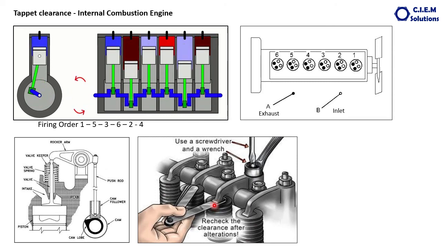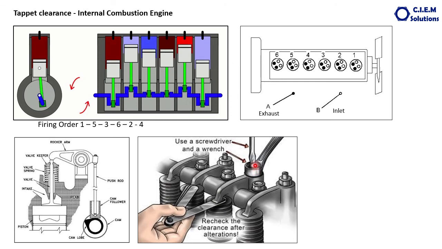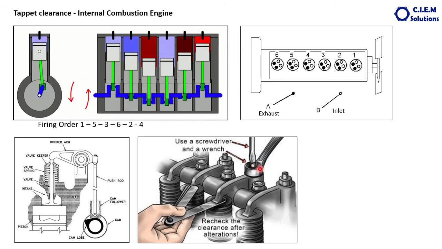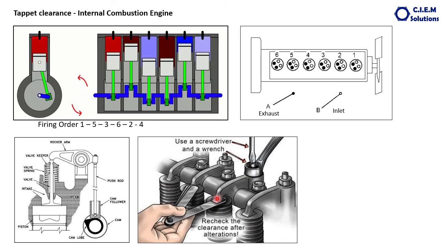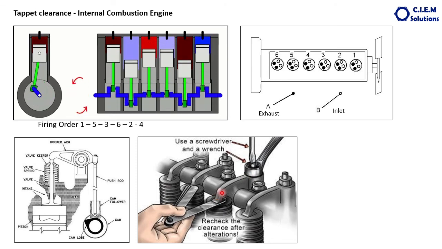I am repeating, a very mild load. Then keep this screw like this and tighten this lock nut with the specified torque. Again you recheck that one. Like that you have to perform for all the valves.